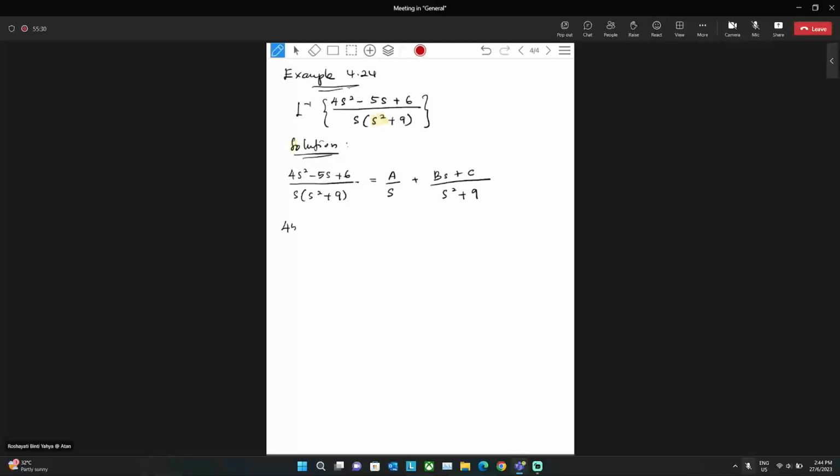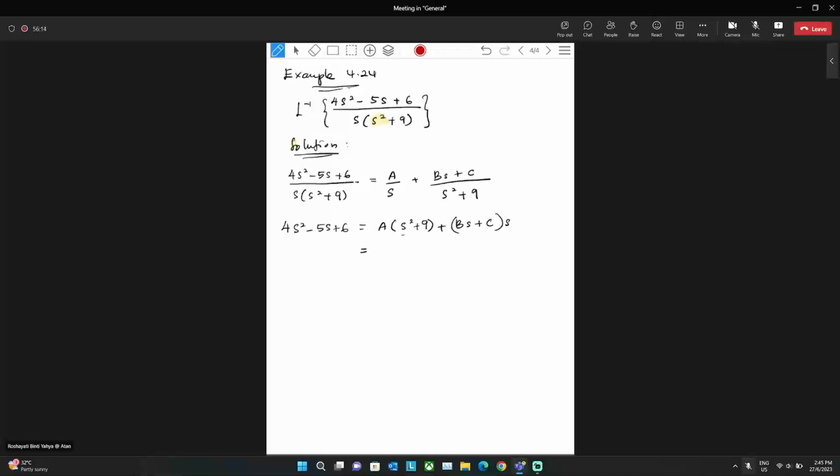So for 4s squared minus 5s plus 6 equal to, your A multiply with this, and (Bs plus C) multiply with s. So you can factorize based on s.